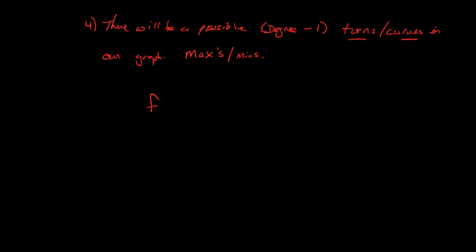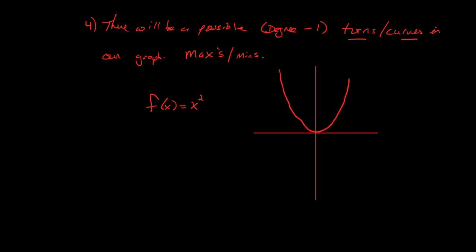If we give you f of x equals x squared, this gives us a parabola opening up. Here we recognize that this was an even exponent, so the multiplicity of the zero is even, therefore it's going to touch.